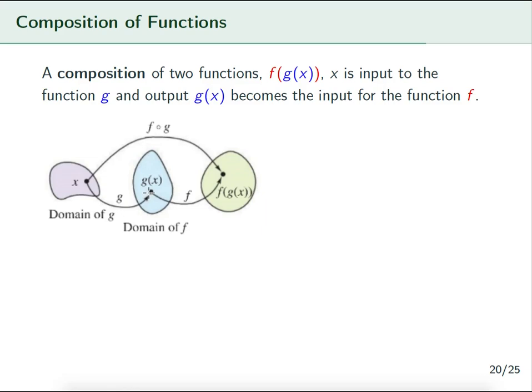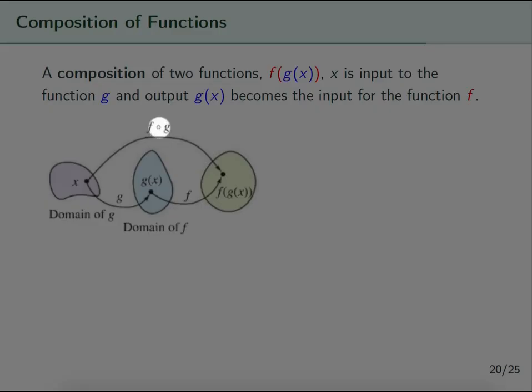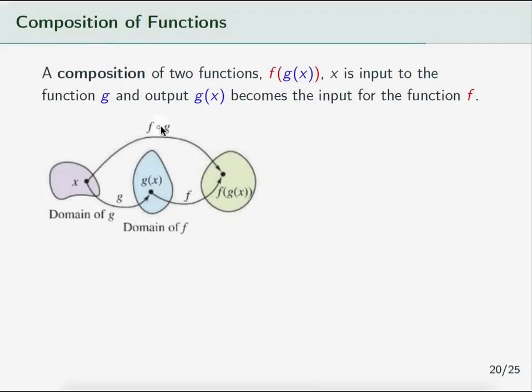Then g of x will also be in the domain of f, since g of x is behaving as an input quantity for f. When we plug in here, then we get f of g of x. And we sometimes write this as f, open circle, g. This symbol means composition. So let's look at an example of composition of functions when the functions are given by an equation.